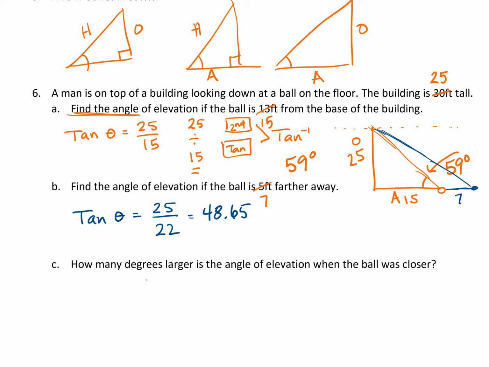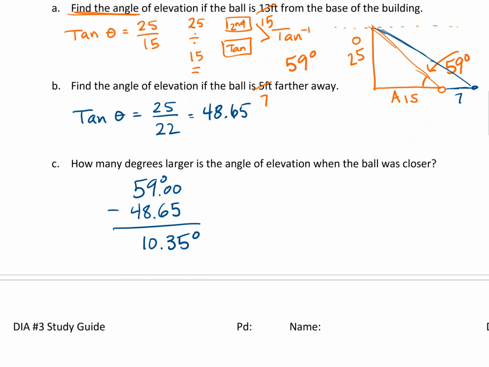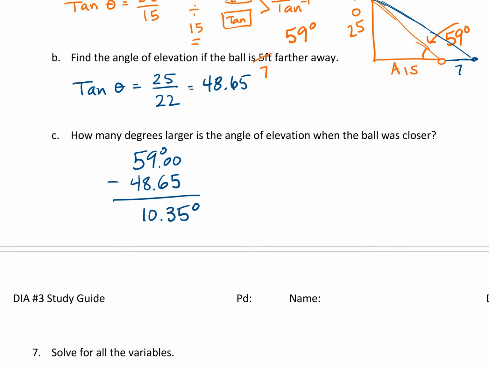So 59 degrees minus the 48.65, and that is going to give me a difference of 10.35 degrees. All right, so you try it with your numbers. Same setup, same kind of work. Just give me some different numbers.